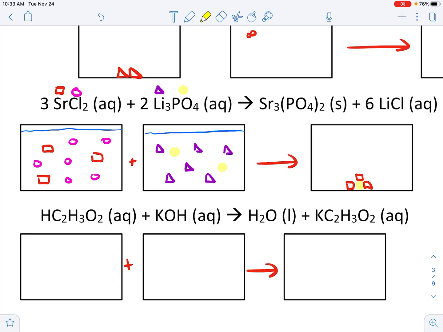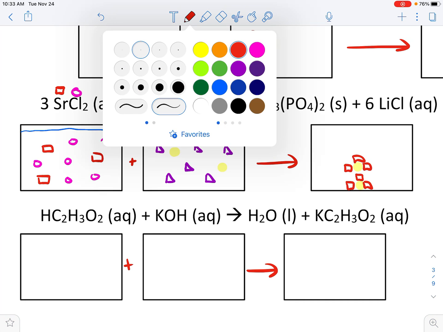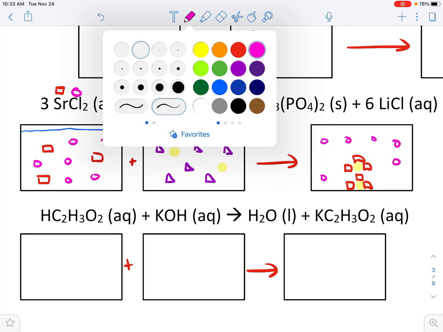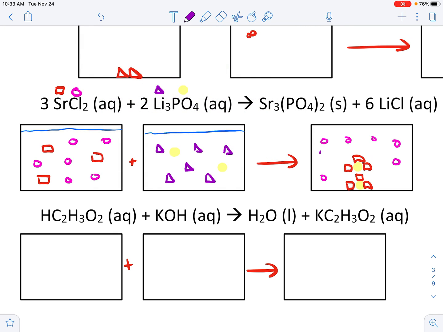Same thing, let's put our dot here, and then we'll put our boxes around it, kind of like we did last time. There we go. There's our solid, and then we have 6 pink circles, so they're going to be floating here, spread out. And then we're going to do the same thing with our triangles. We're going to have 6 purple triangles.